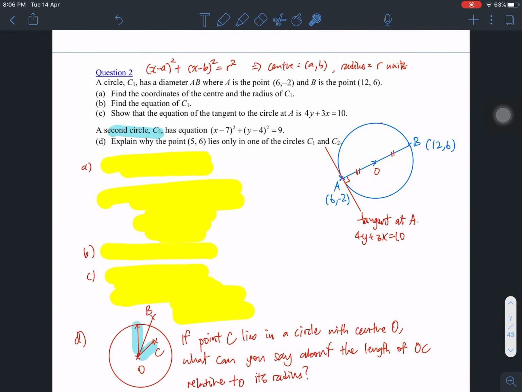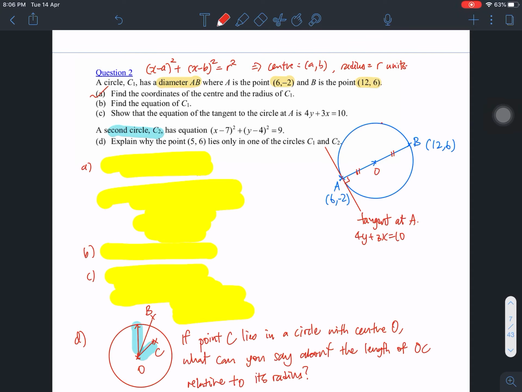Okay, so for question 2, we are given that a circle C1 has a diameter AB, where A is the point (6, -2), and B is the point (12, 6). The first part of the question is simply asking us to find the coordinates of the center and the radius.